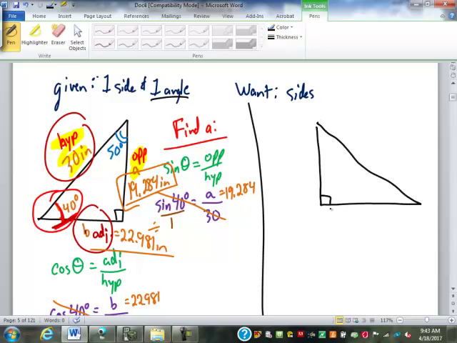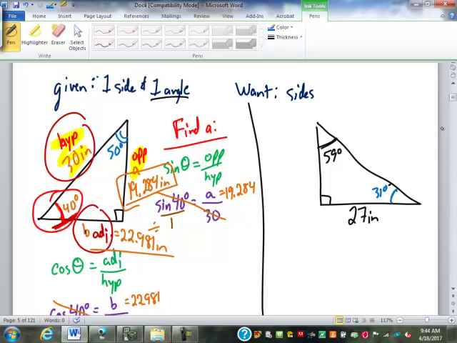Pretend that side's straight. Where I'm given that this angle up here is 59 degrees. And I'm given that this side here is 27 inches. Now again, I automatically know that this angle here is 31 degrees.